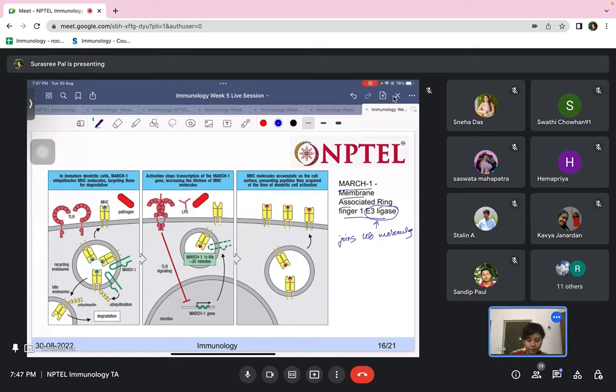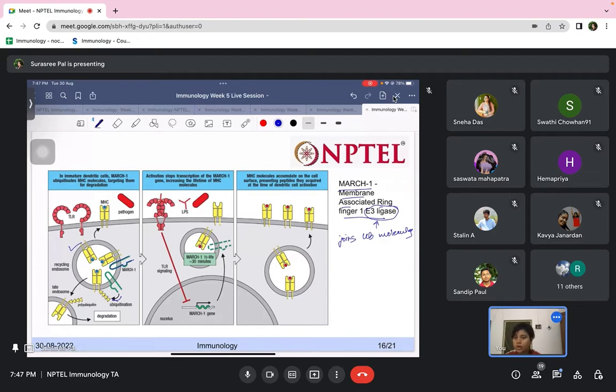Now, it resides in the membrane of a recycling endosomal compartment. Here you can see the endosomal compartment and this is the March1 ligase. It resides on the membrane of these endosomal compartments, where it attaches ubiquitin molecules, causing ubiquitination of the MHC molecules.